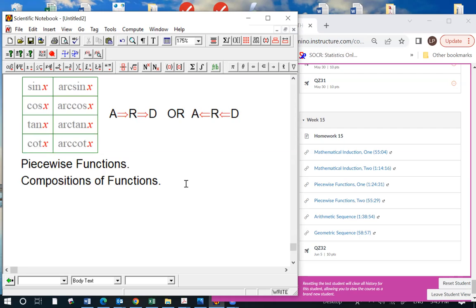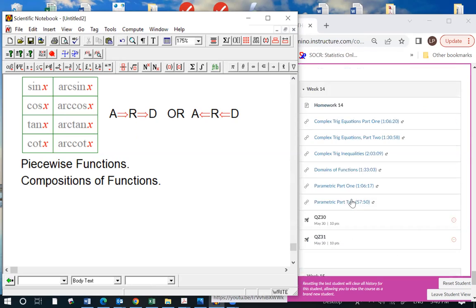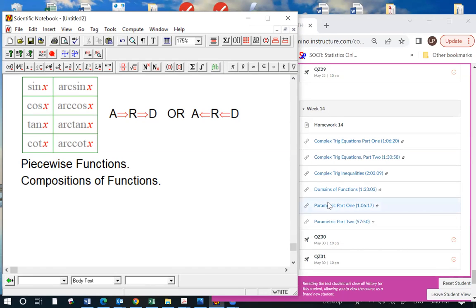Composition of functions, adding, subtracting, multiplying, dividing functions. So we see a variety of functions, and you can take these functions right into your calculus class. So when you review, you may have to go back and watch some of those recordings again in order to review those concepts.